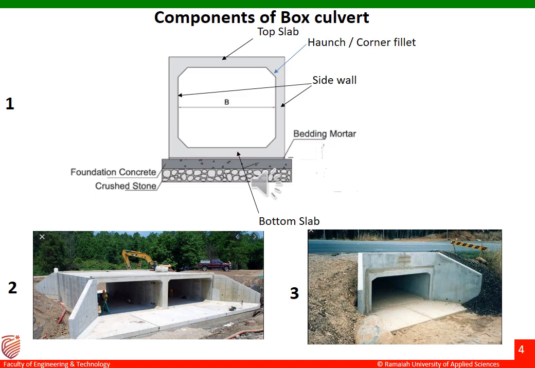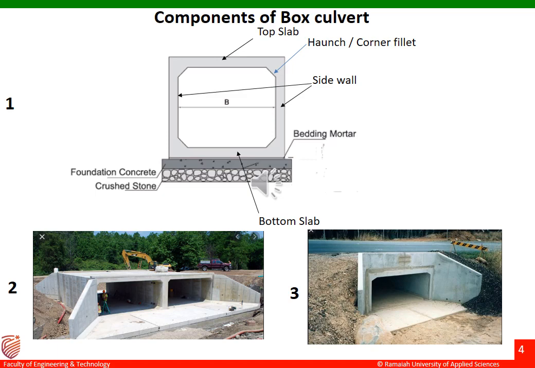If it comes to figure number 2, you can see that the top slab of the culvert is coming at the road level, so here you don't have any problem. In this case, the top slab is serving the purpose of deck. But when it comes to figure number 3, since the magnitude of discharge is less, if you provide a bigger size culvert, that may become uneconomical.